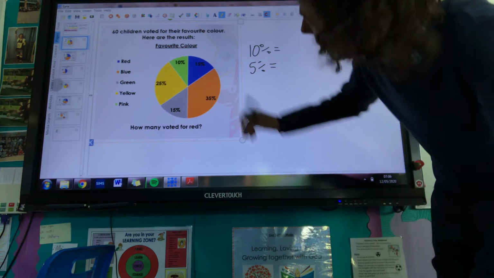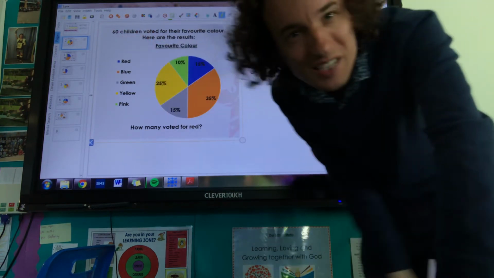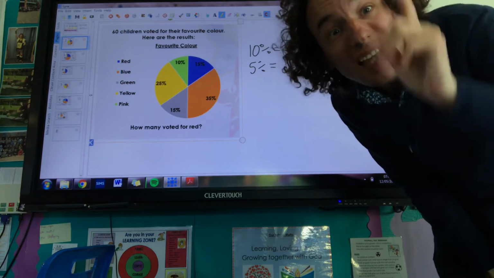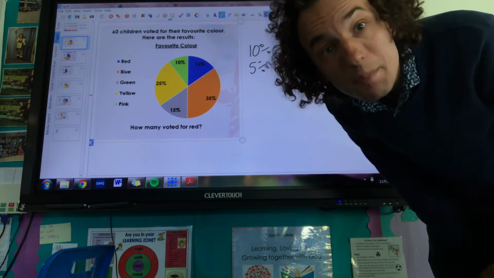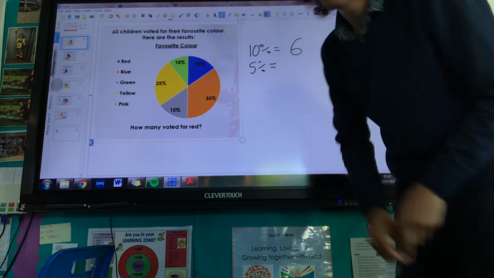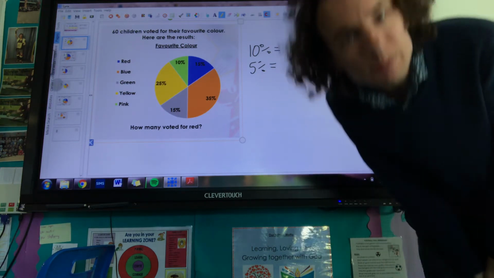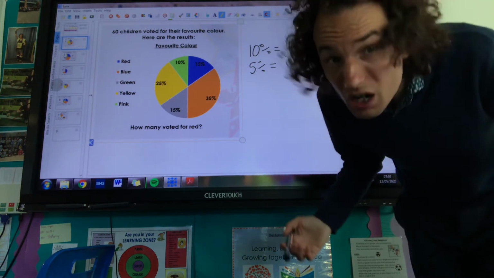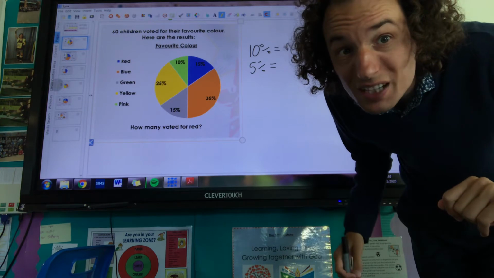Got it? So, what is 10% of 60? What's 60 divided by 10? That's exactly correct. I'm really impressed there, Millie. It's 6. So 10% is 6. Okay, to find out 5%, we just find half of 10%. So 10% was 6. What's half of 6? What is half of 6, Ro?